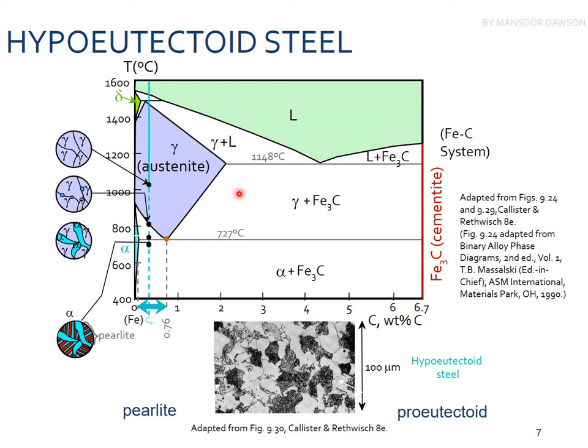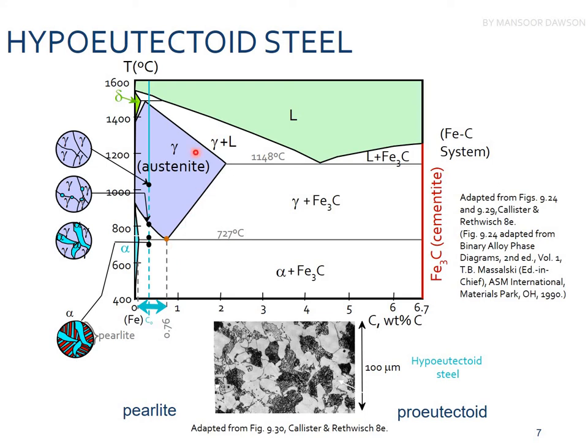Okay, so we have hypoeutectoid steels and hypereutectoid steels. For hypoeutectoid steels, you can see this is the eutectoid composition of 0.76, and on the left hand side, from 0 to 0.76, is the hypoeutectoid steel.